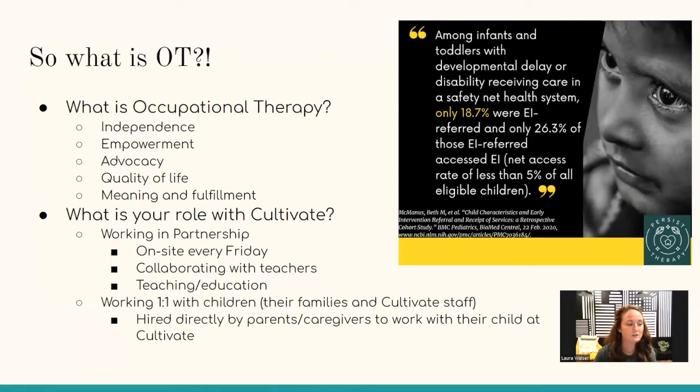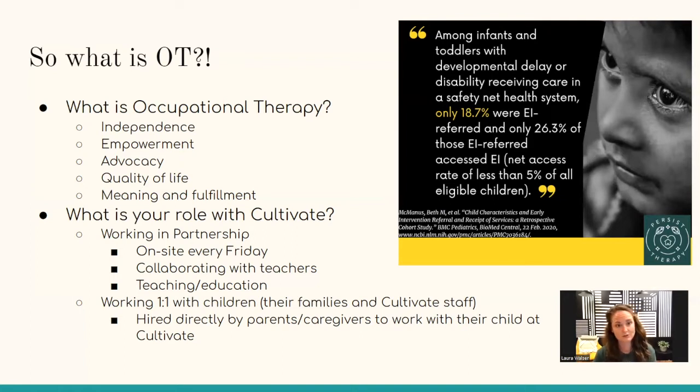And when kids aren't meeting milestones consistently, there becomes a breakdown within their everyday activities because of this. And that's when we want occupational therapy to be involved in the child's care.